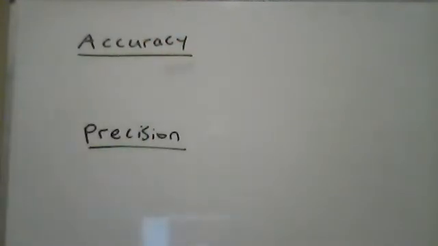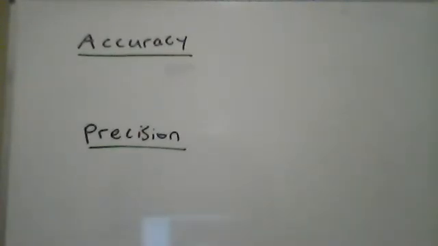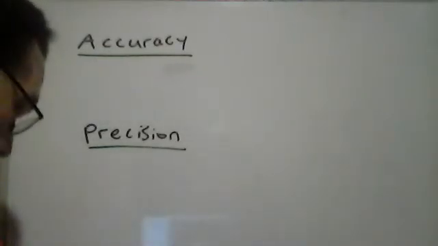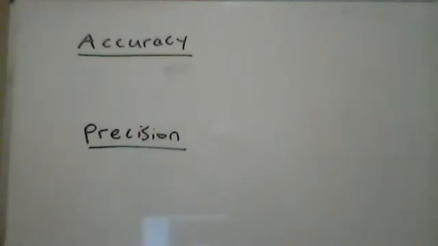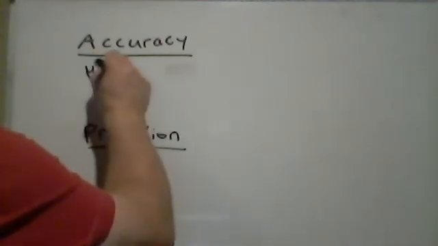But when you're measuring something in the laboratory, so let's say you're doing an experiment to figure out the gravitational acceleration, where there is a scientifically accepted answer, the accuracy is how closely your measurement matches the correct value.